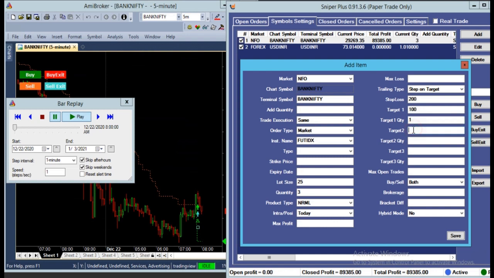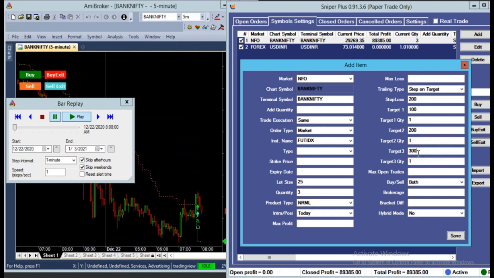Target 2 is 200 points, target 2 quantity is 1, and target 3 is 300 points, and target 3 quantity is 1. We need to match the total quantity we mentioned earlier, so quantity 1, quantity 2 and quantity 3 are 1 each, totally 3. And the target prices are 100, 200 and 300.